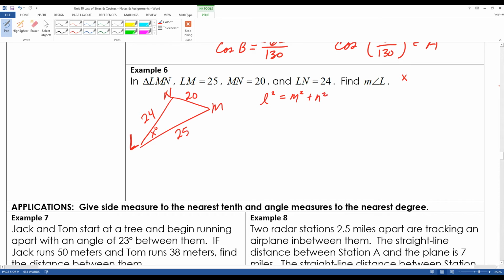Because that's how the formula works: whatever one is being squared initially, it's just the other two that we're using in the rest of the formula. Minus 2 times the M and the N. If this were A, B, and C, it would be A, B, and C, but we're using L, M, and N. And this is times the cosine of L.